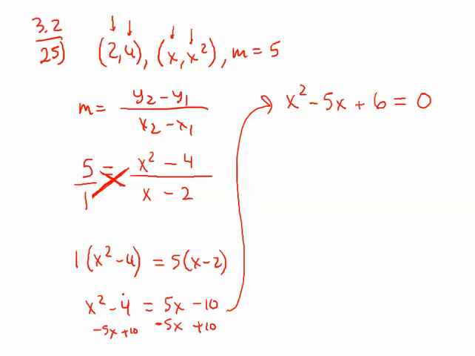Let's see, it's a negative 4 and plus 10. x minus 2, x minus 3. Then we have x is equal to 2, x is equal to 3.